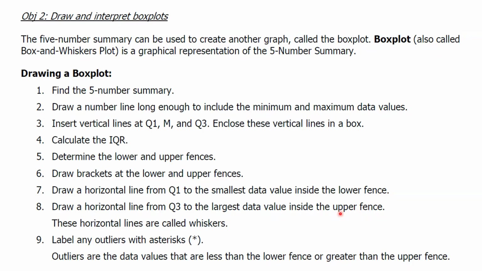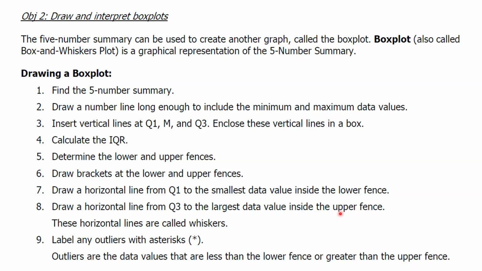Next, we will calculate the IQR. Then we will determine the lower and upper fences. We will draw brackets at the lower and upper fences. We'll then draw a horizontal line from Q1 to the smallest data value inside the lower fence.